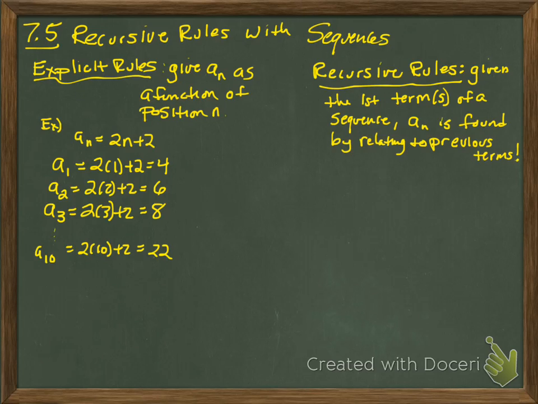So you can't simply plug in 10 to get the 10th term. You have to know the preceding terms to that 10th term.